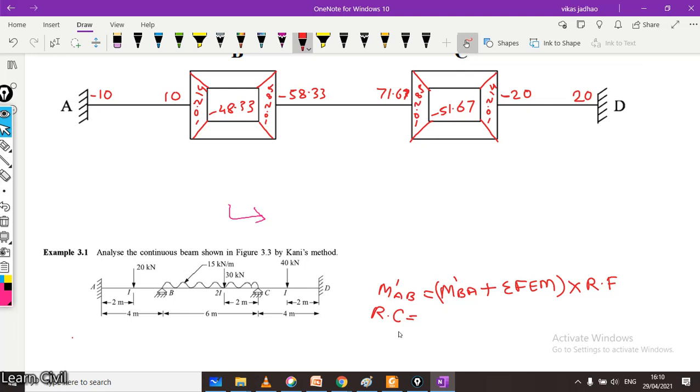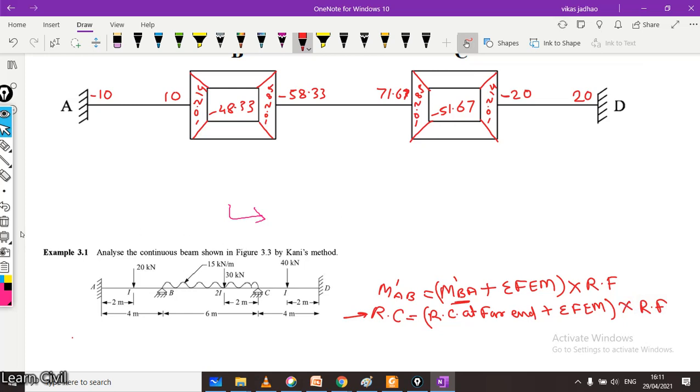So we can write this equation like this also. Rotation contribution M dash AB is equal to the rotation contribution at far end. You can see this M dash BA is the rotation contribution for far end, plus summation of fixed end moment multiplied by the rotation factor.